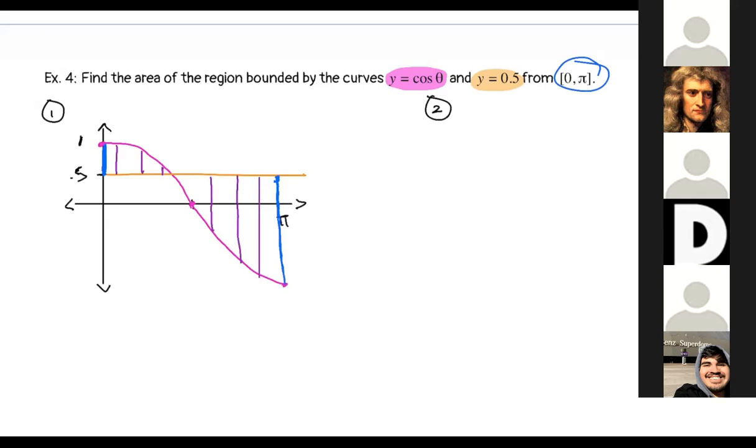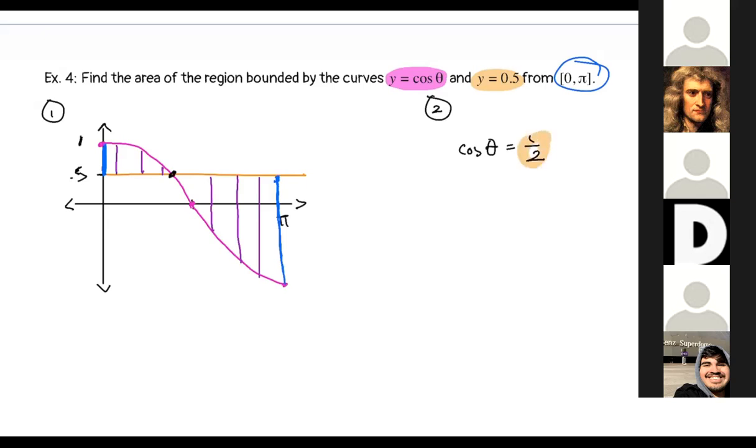Now, as before, we've got to find that intersection point. And I think it might be really clear from this diagram that that's not pi over 2. It's not halfway. So what we need to do is say, where does cosine theta equal 1/2? That's really what we're saying.